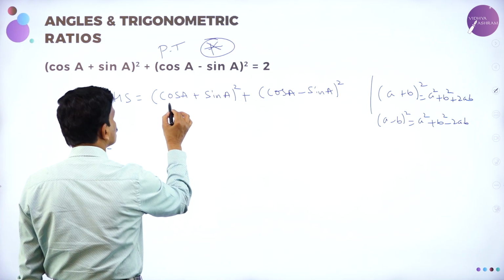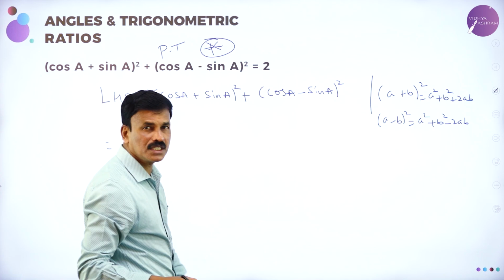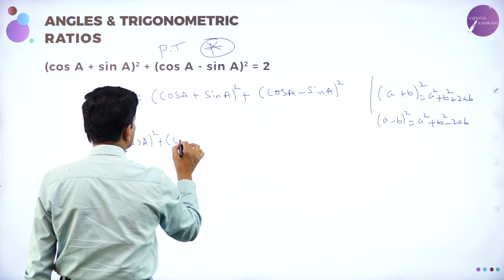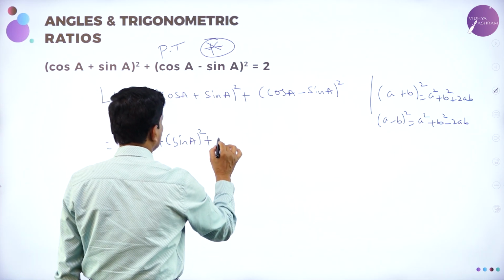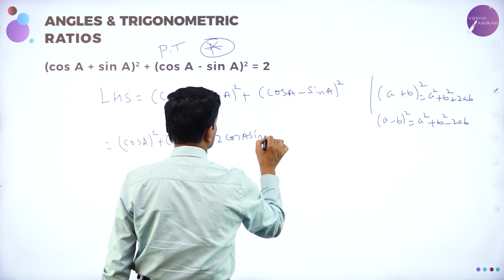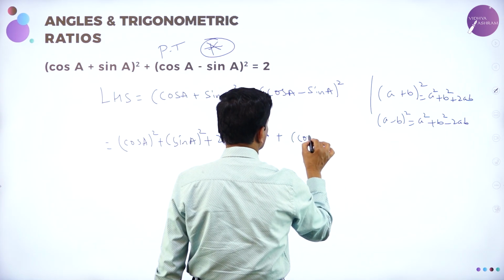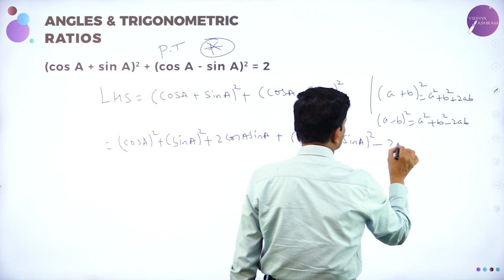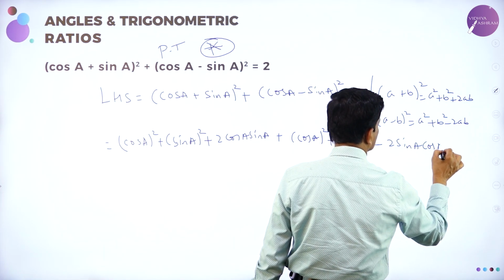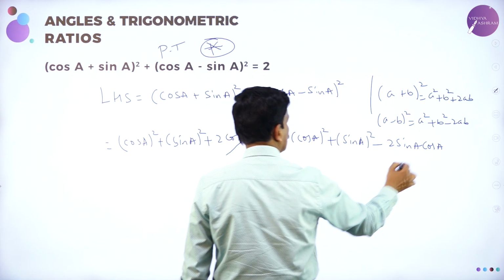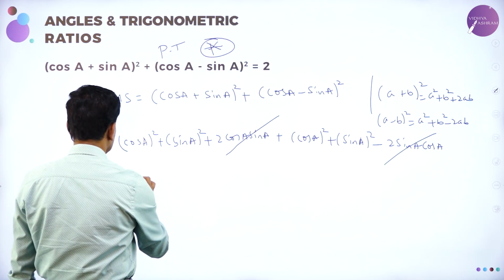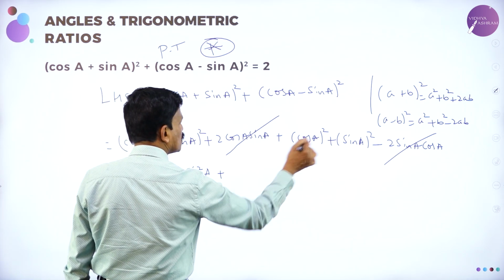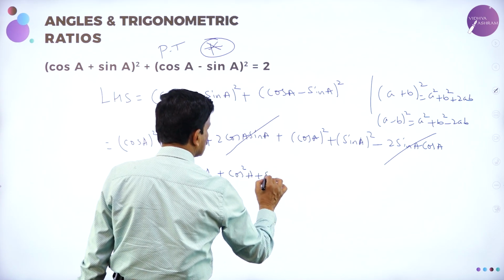So A is cos A, B is sin A. (cos A) whole square plus (sin A) whole square plus 2 cos A into sin A, plus (cos A) whole square plus (sin A) whole square minus 2 sin A into cos A. Now plus 2 sin A cos A minus 2 sin A cos A gets cancelled. This can be written as cos square A plus sin square A plus cos square A plus sin square A.